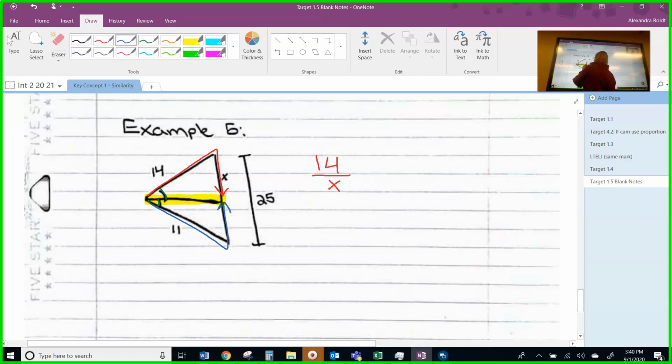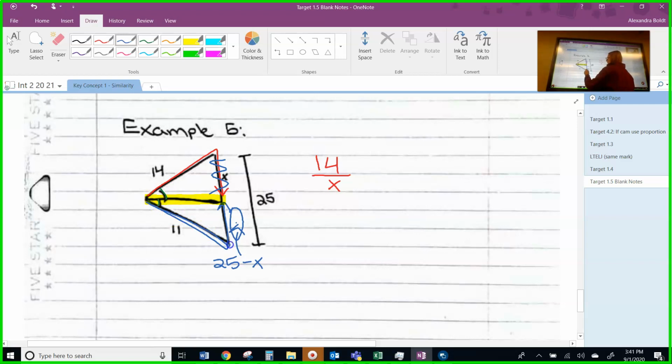I have an 11, and then this I am missing. Again, that 25 is not really that piece I need. I can use it to find the piece I need. If this whole thing is 25, and I take away this x to get this piece, this part right here is 25 minus x. Okay?